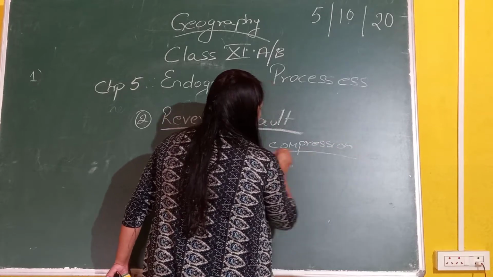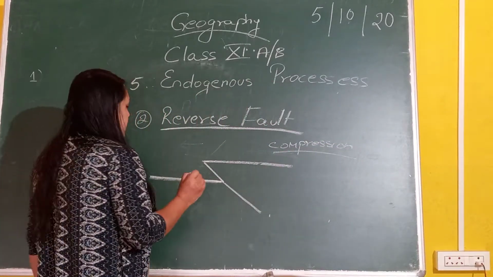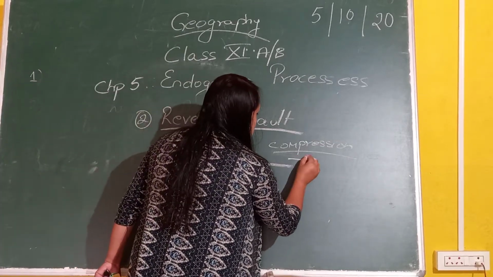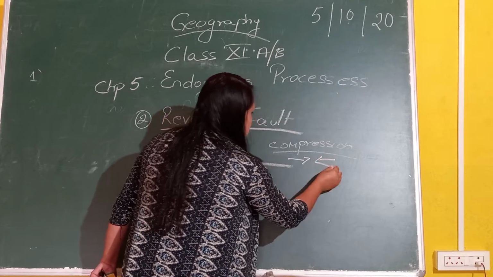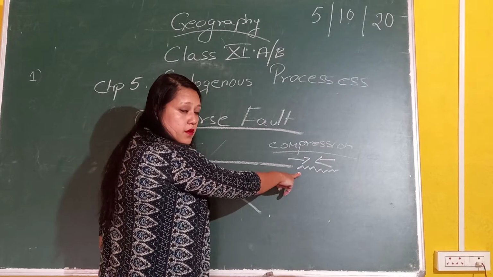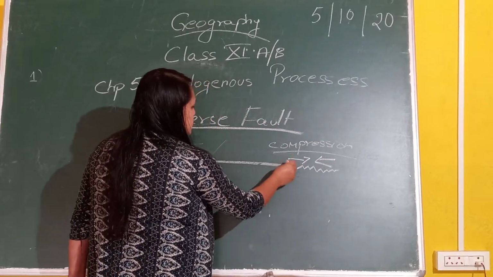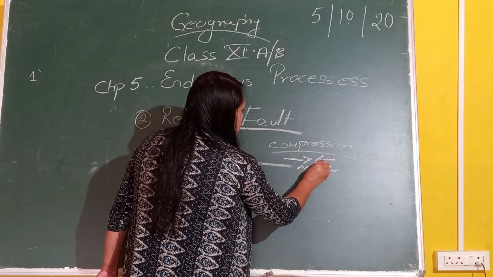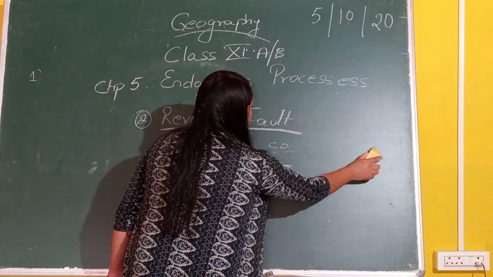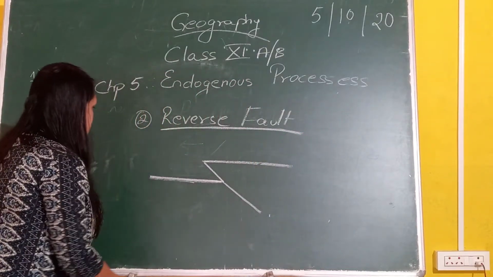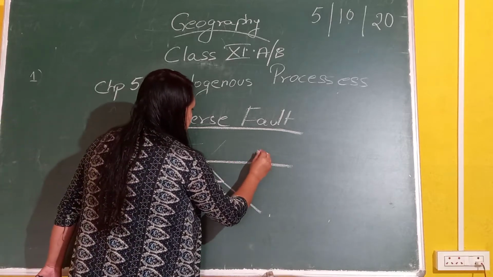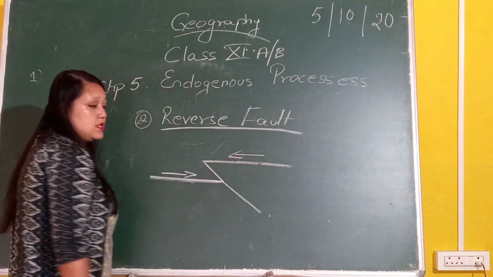Now you know that compression is a kind of force which means the land moves towards each other, and it causes folding. But in this case, you can see that this force is moving towards the right side and this force is moving towards the left side.